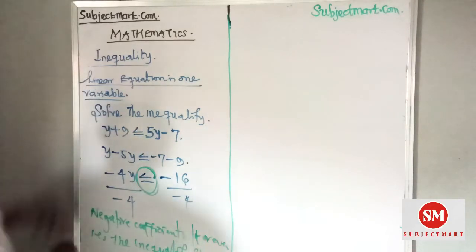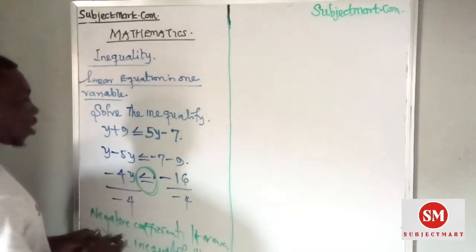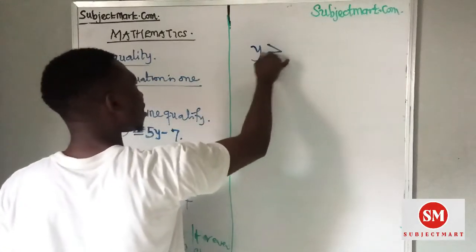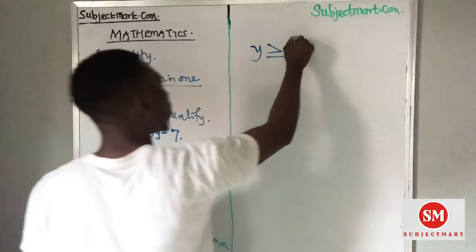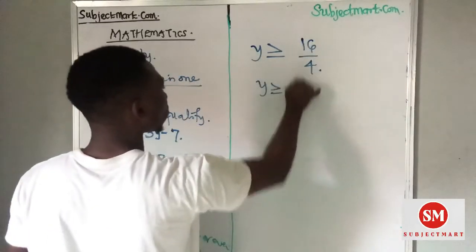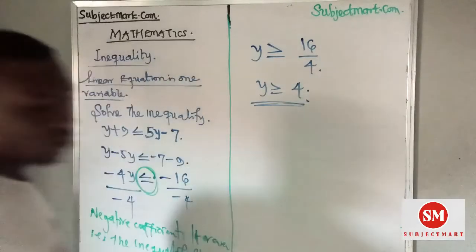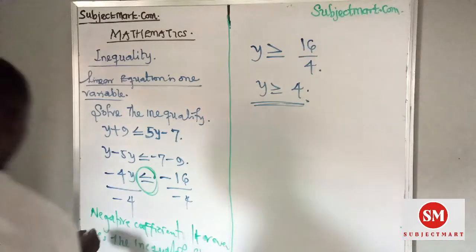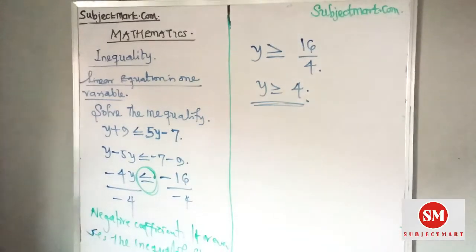So y is now greater than or equal to 16 divided by 4, which gives us a positive value, 4. Let us pay close attention, because this reversing of the sign is where there is a bit of technicality in solving this kind of question.